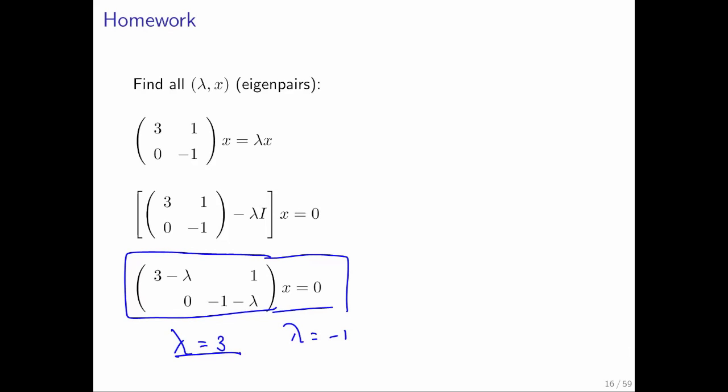And if you take lambda equals 3, what you get is 0, 1, 0, -4, and you want to find vectors that satisfy this right here.